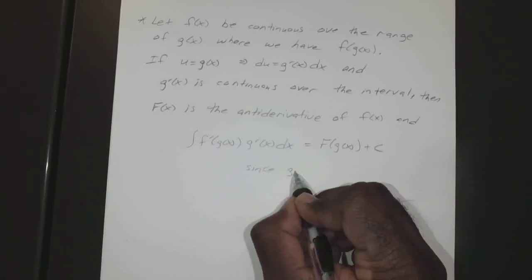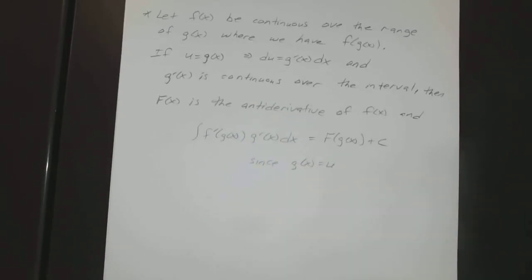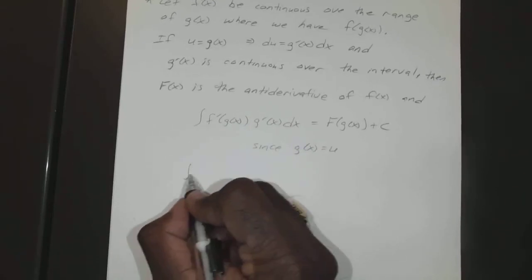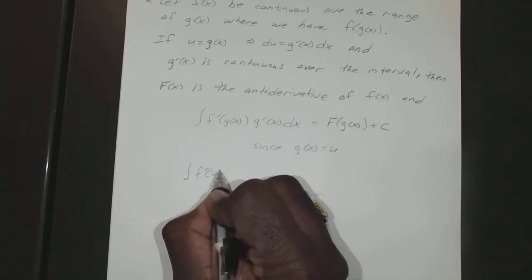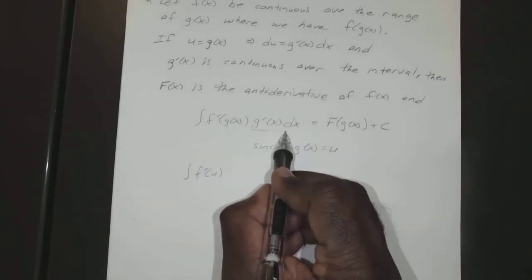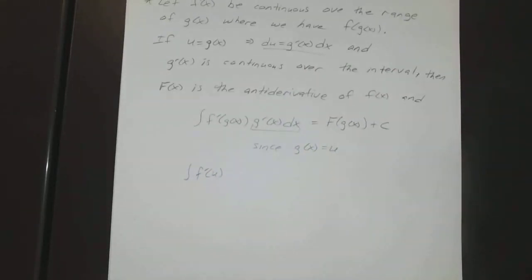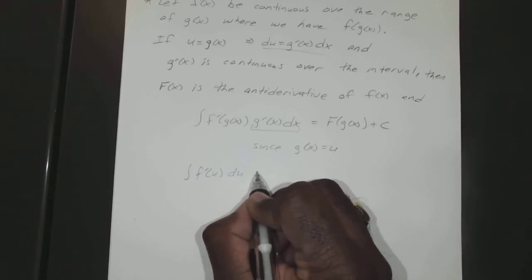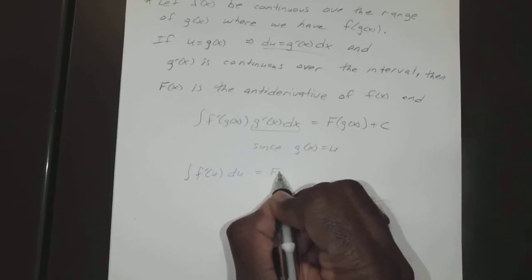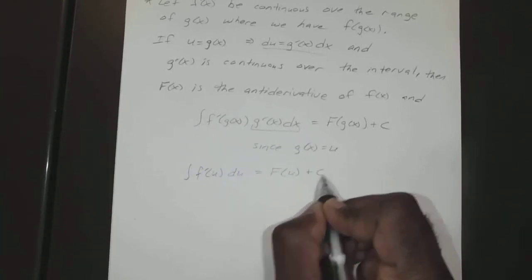Now, since g of x is equal to u, we can make that the integral of f prime of u, and our g prime of x dx, remember that's our du, equals f of u plus c.